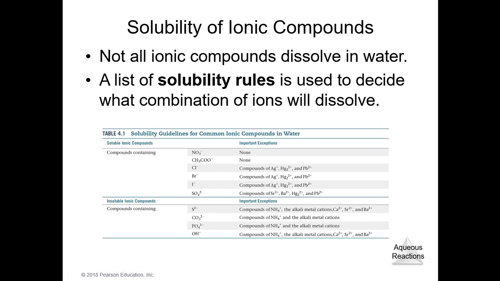These compounds are generally soluble, except for some exceptions: silver, mercury, and lead. Sulfates are also generally soluble, except the group two metals strontium and barium, and then mercury and lead. So if you have any group 1 element, nitrate, or acetate, the compound is for sure soluble.